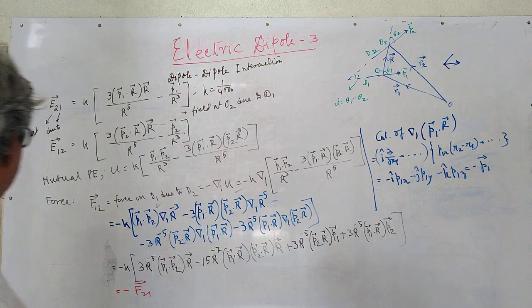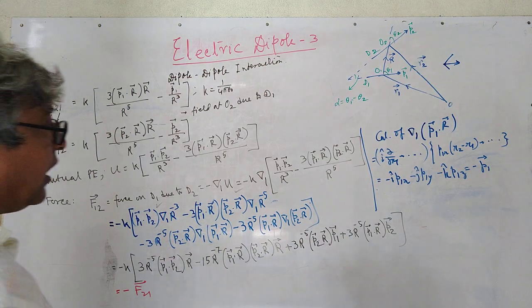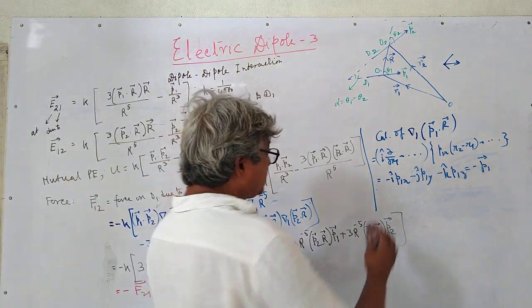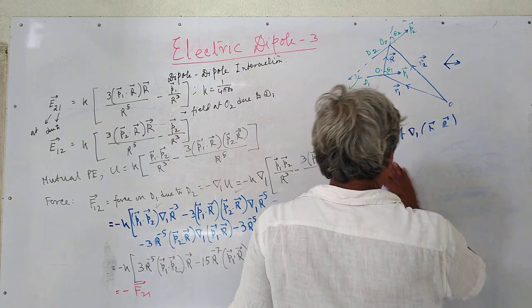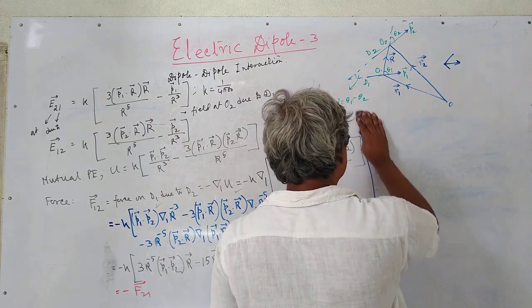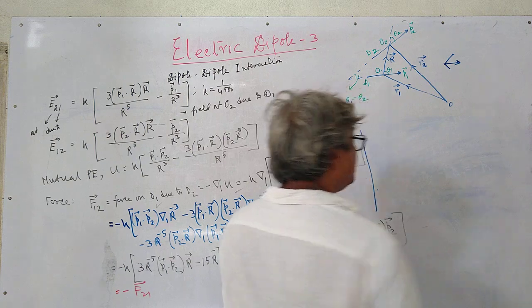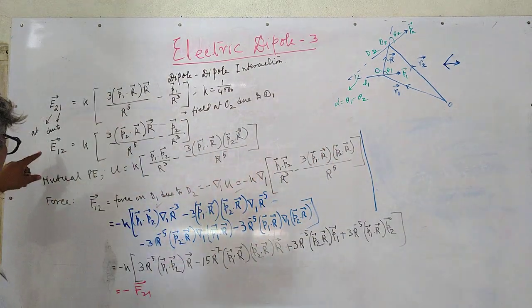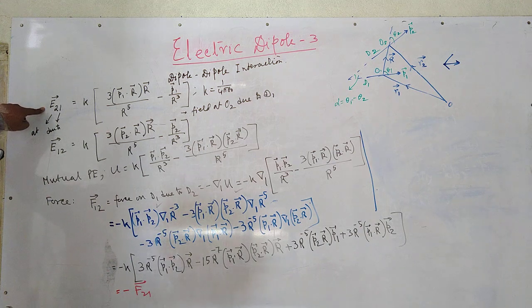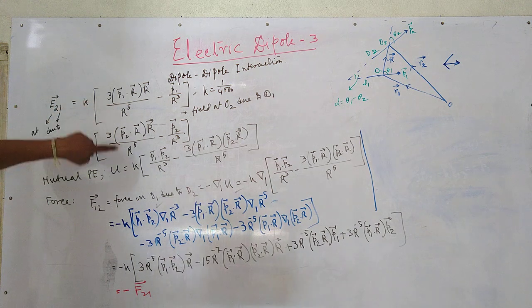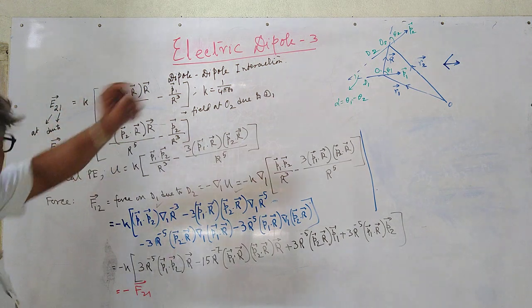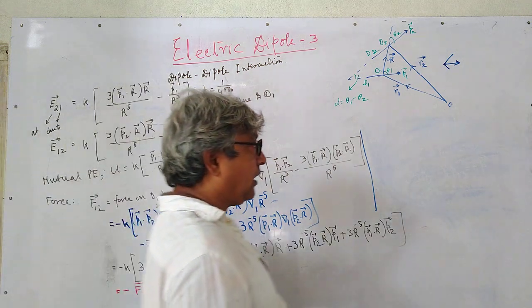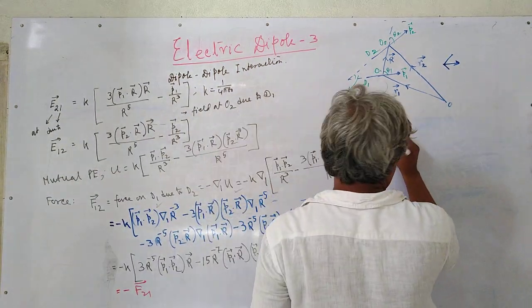Now come to the torque expression. For torque, the expression is already complicated. To keep things simple, we assume that the field produced by 1 at the location of 2, or 2 at the location of 1, are uniform, although they have a highly r dependence and are not actually constant fields.